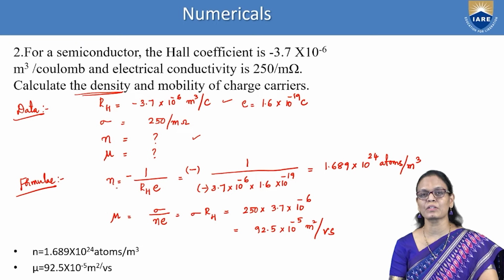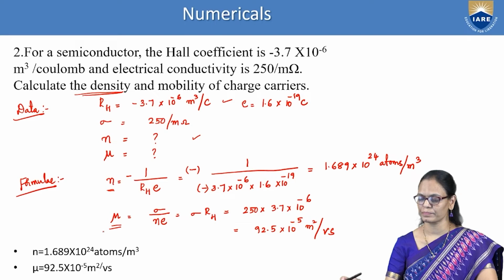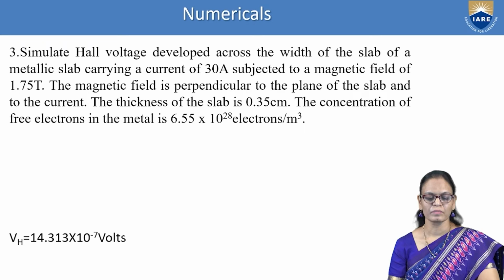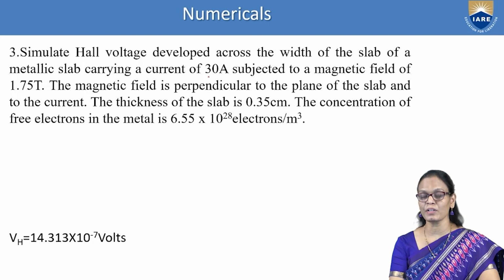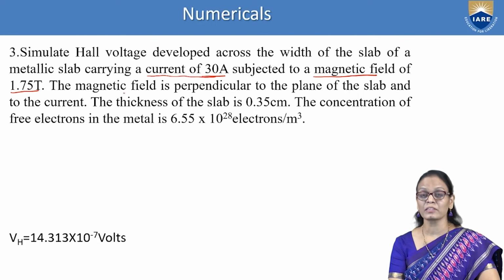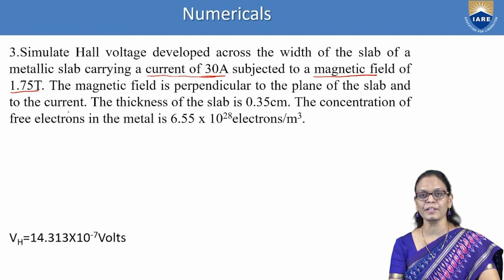So that is how we are able to calculate the carrier density and also the mobility. Next one. Simulate the Hall voltage developed across the width of a metallic slab carrying a current of 30 ampere, subjected to a magnetic field of 1.75 Tesla, and the magnetic field is perpendicular to the plane of the slab carrying the current.